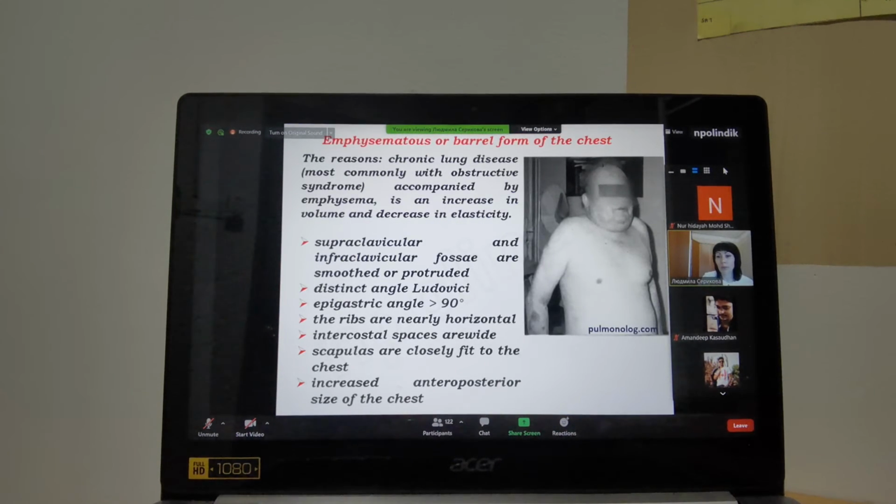Next, we have the emphysematous form of the chest. Maybe you have heard, the main reason is COPD, chronic obstructive pulmonary disease, and emphysema itself. In short, the emphysematous form looks like the hypersthenic form of the chest. But what is the difference?